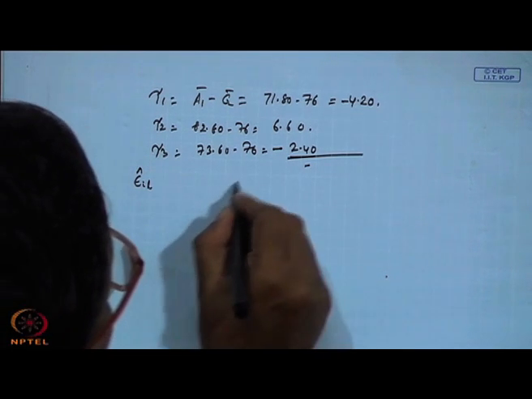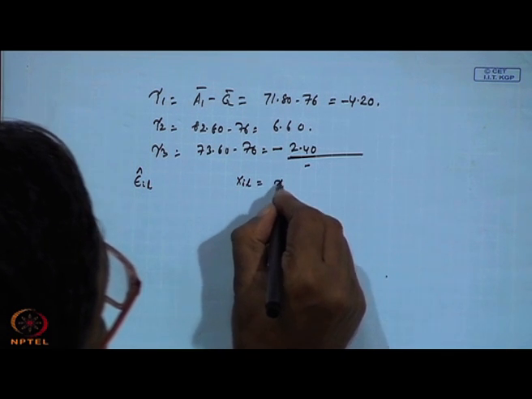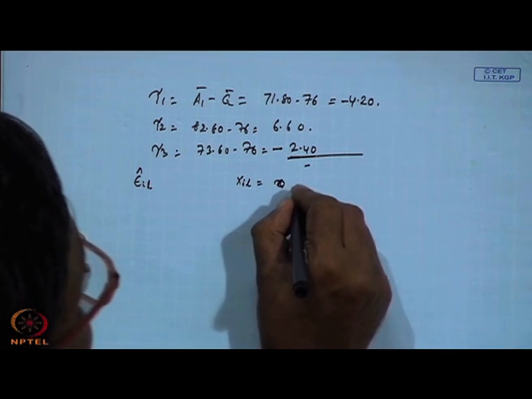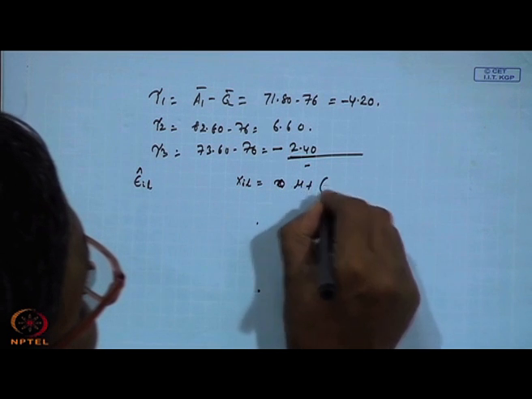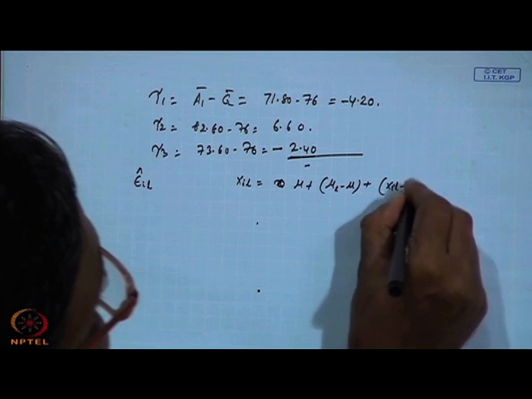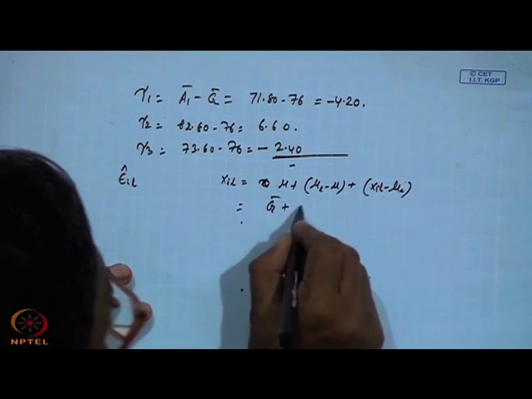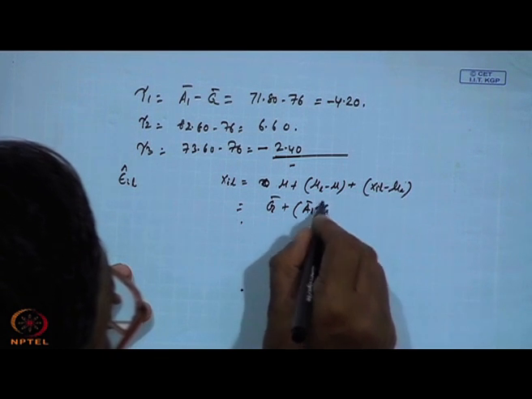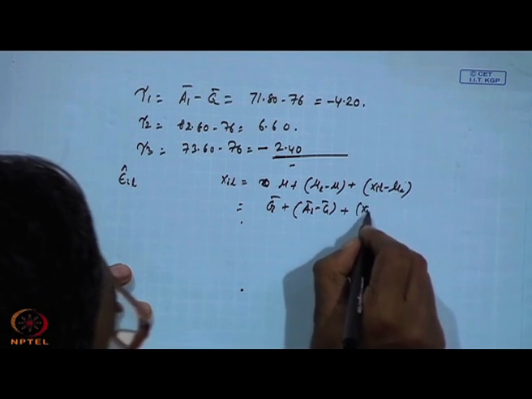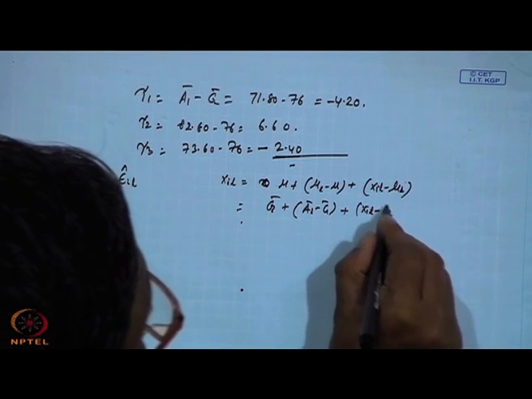What we have seen is that X_il equals mu plus (mu_l minus mu) plus (X_il minus mu_l). This is nothing but G bar plus (A_l bar minus G bar) plus (X_il minus A_l bar).